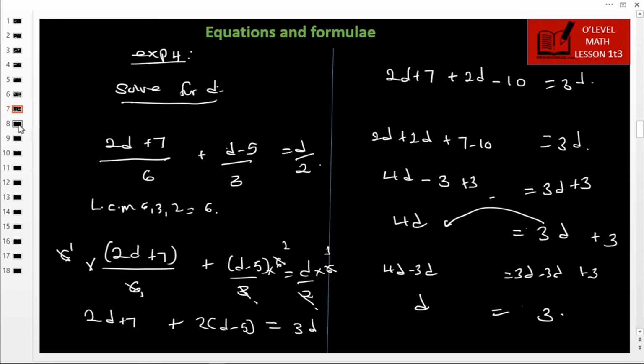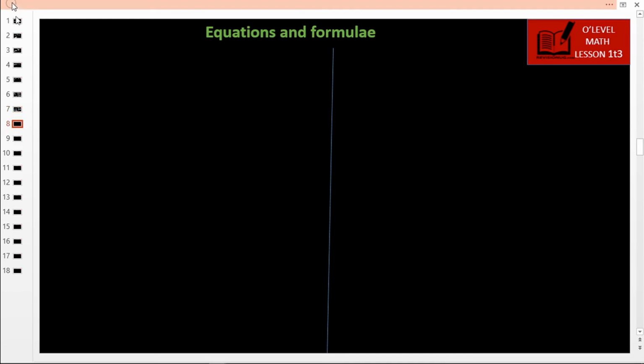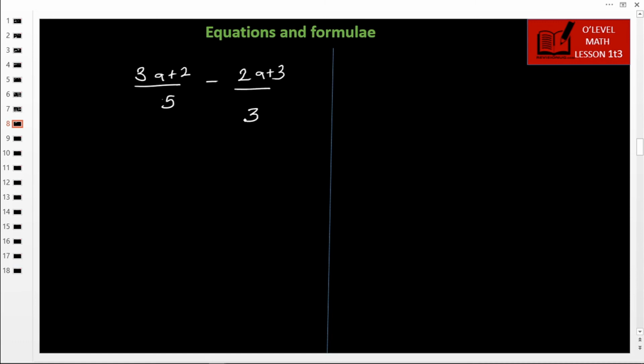Okay, so after that, before we try out some numbers, let us look at this also. This one is saying (3a + 2)/5 minus (2a + 3)/3 is equal to 3. So what's the LCM here? My LCM is going to be 15.